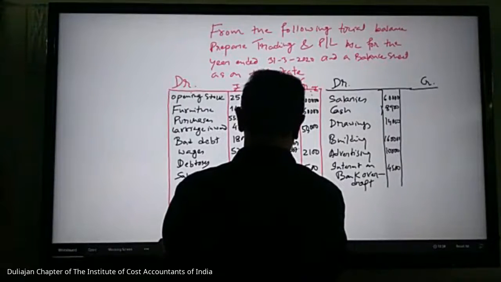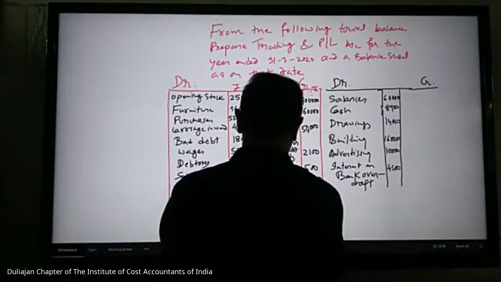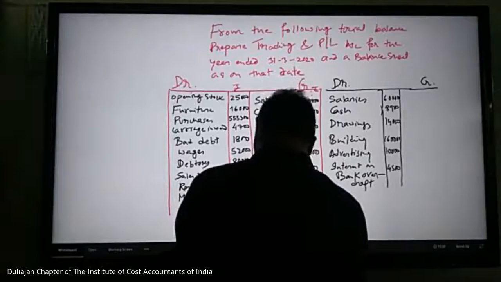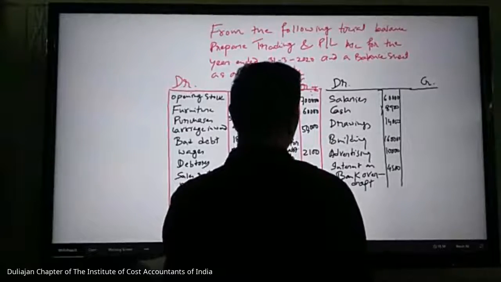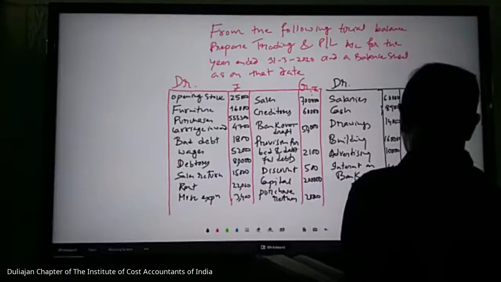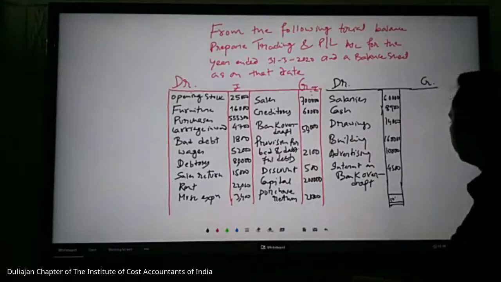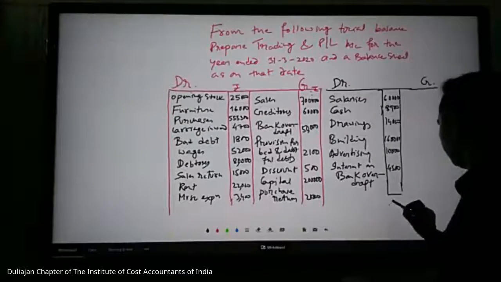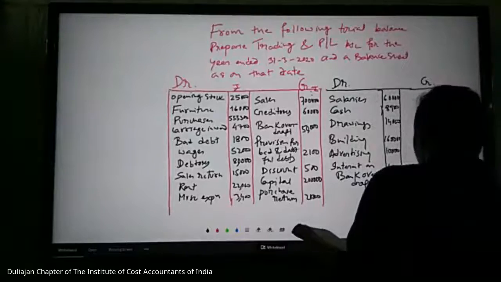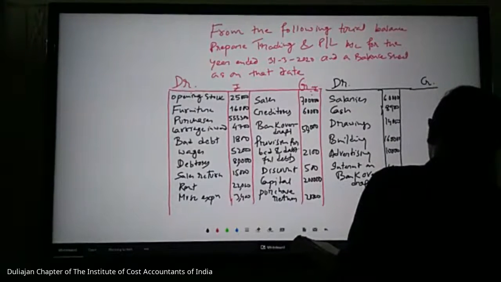Capital 2 lakh. Purchase return 20,000. Total 10,32,600.